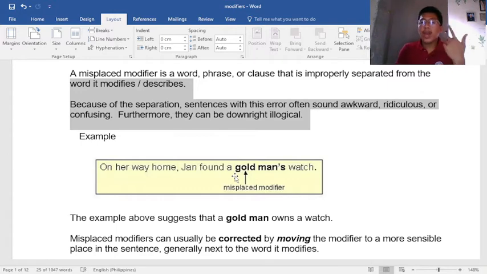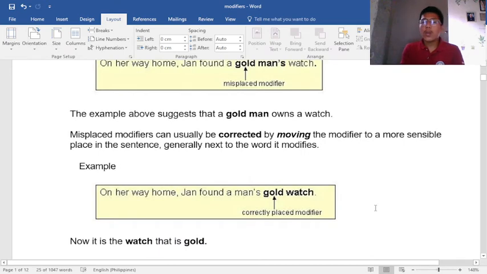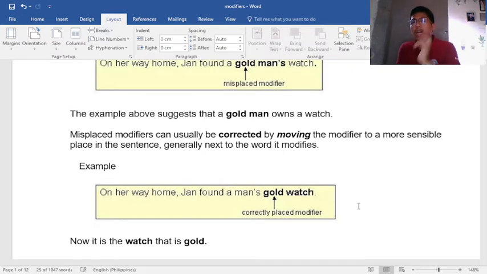But to rephrase it and in order to place the modifier correctly and appropriately, we have to rephrase the statement like this. On her way home, Jan found a man's gold watch, meaning to say it is a correctly placed modifier because watch here is being described as a gold one owned by the man.